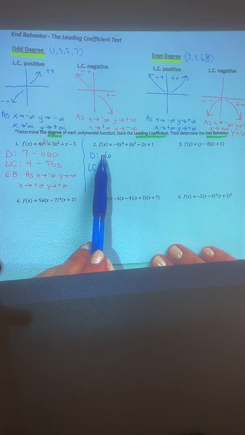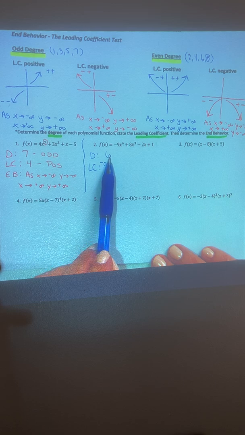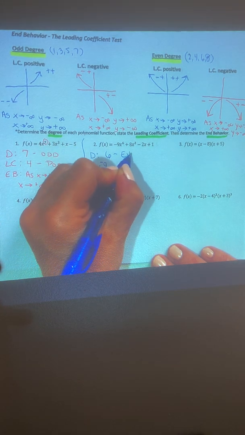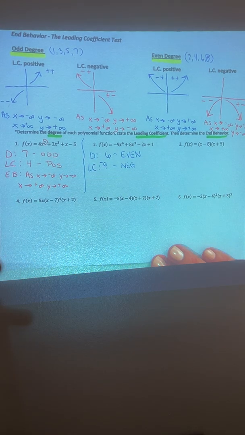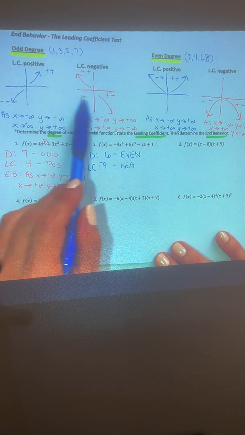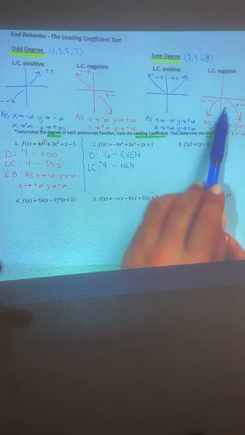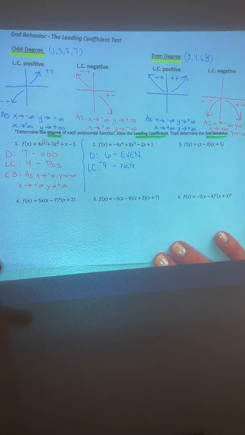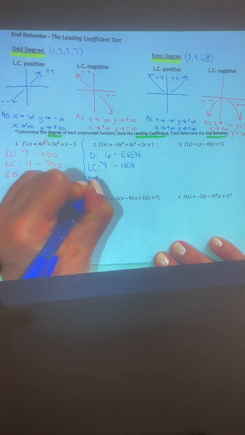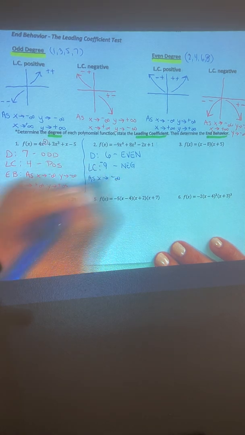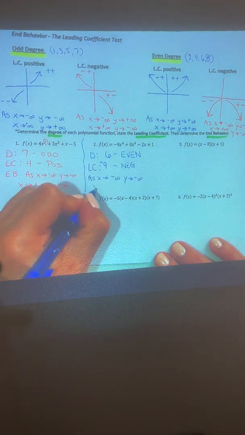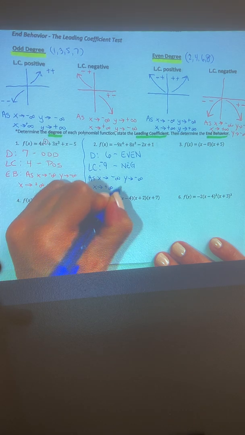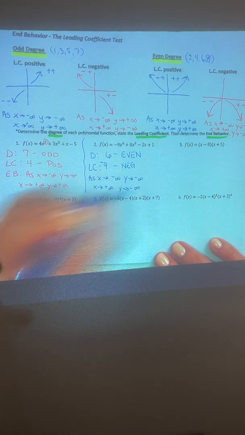So we have even, and we have negative. Okay, even negative, which one's that? Even negative. There we go. This one, that's my end behavior. As x approaches negative infinity, y approaches negative infinity. As x approaches positive infinity, y approaches negative infinity.